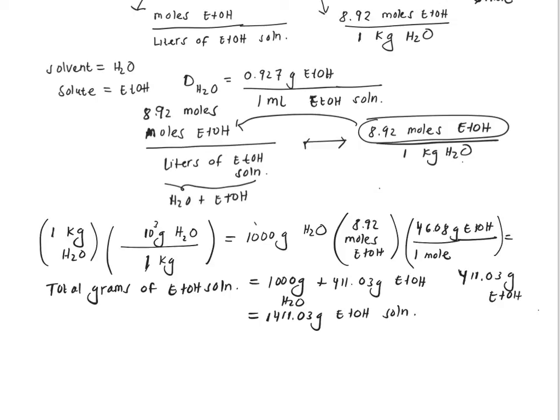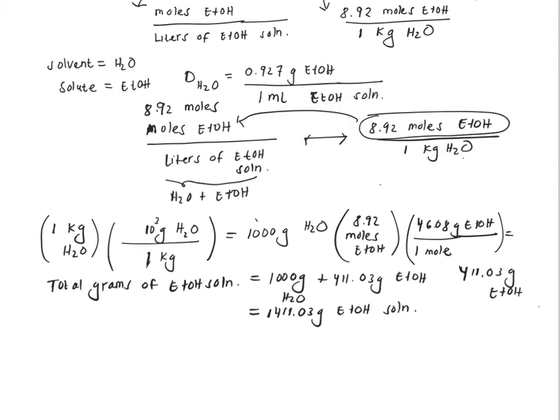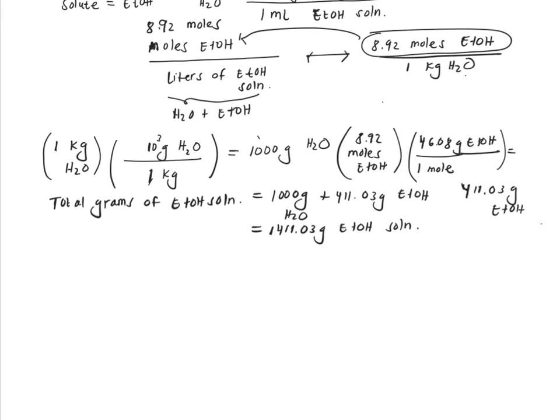Okay, but we need to convert these grams to liters. So how are we going to do that? We're going to have to use our density. Okay, so we start off with our 1411.03 grams of ethanol solution.